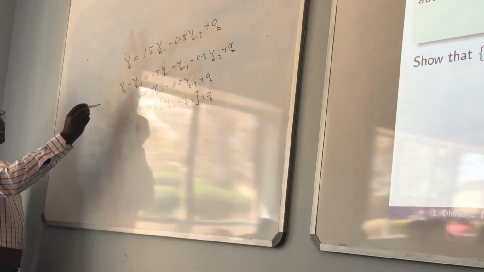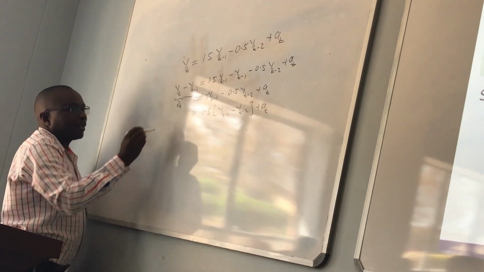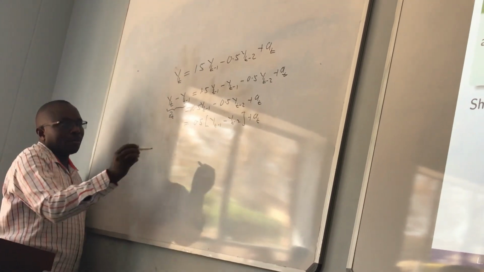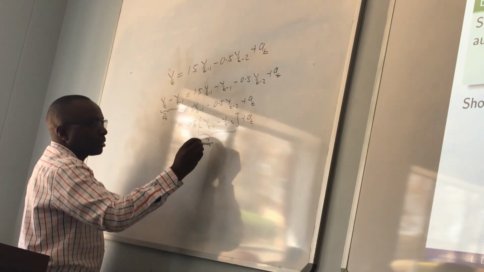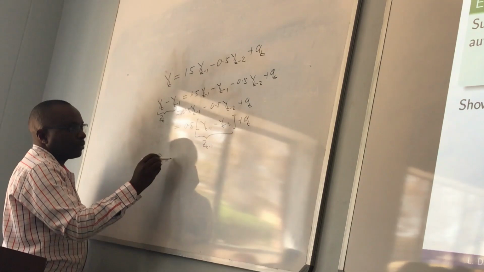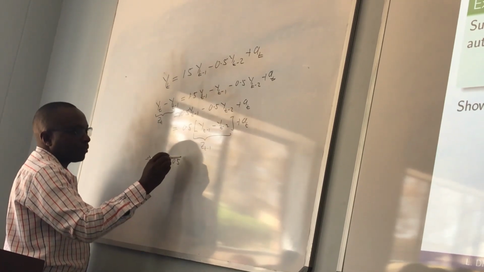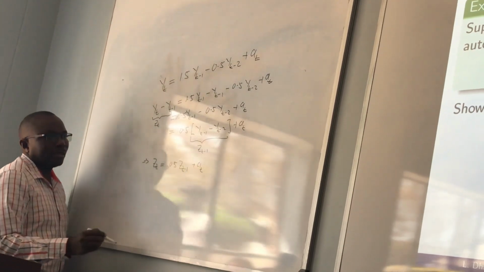So if we let this part here be equal to Zt, which is the first difference, then what is this part here? Zt-1. So what do we end up with? Zt is equal to 0.5 Zt-1 plus At.